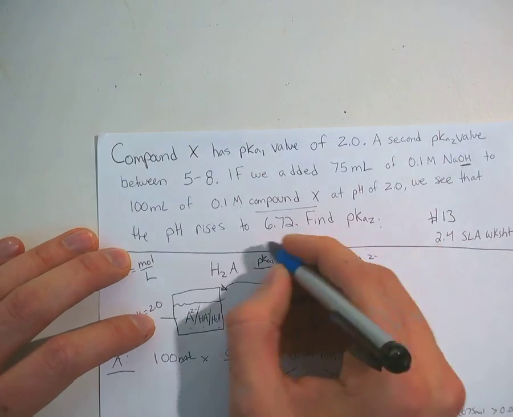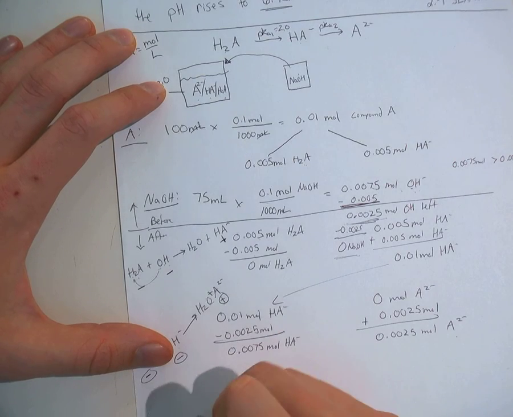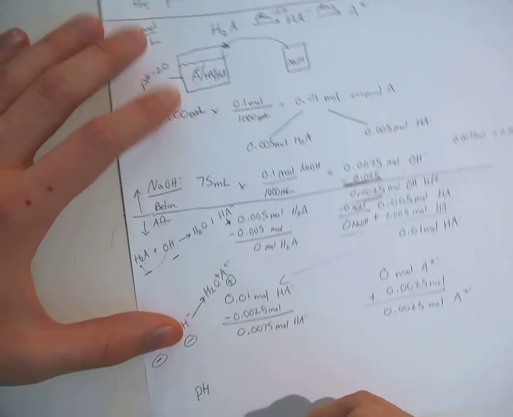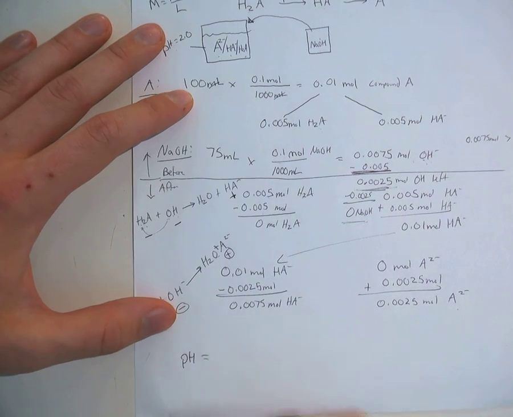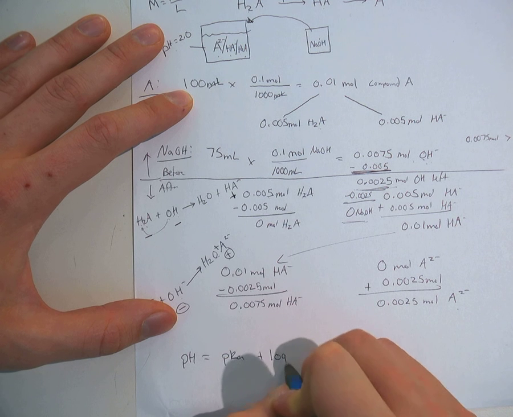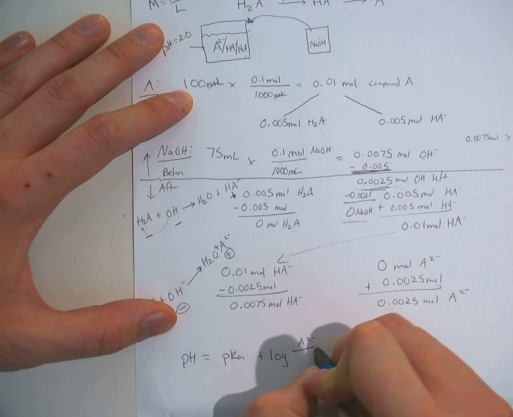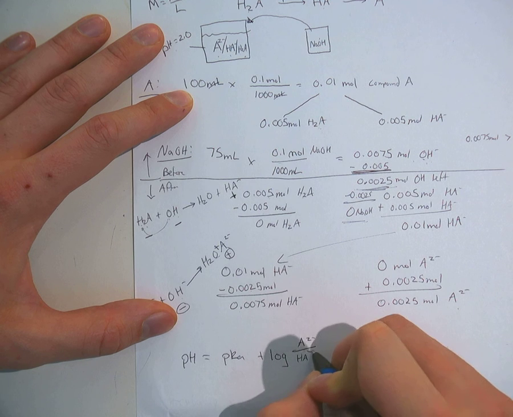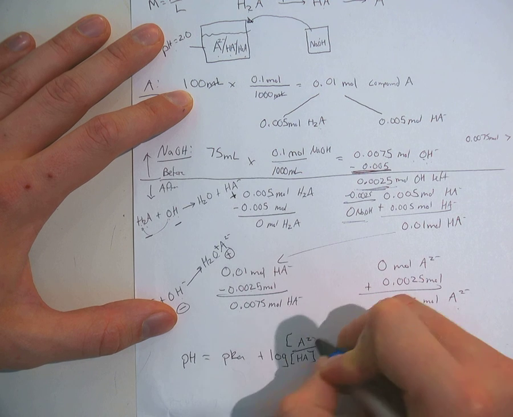I have the pH given afterwards, 6.2, and I'm looking for pKa. So the Henderson-Hasselbalch equation tells me pH is equal to the pKa plus the log of the base over the acid. And those are concentrations.